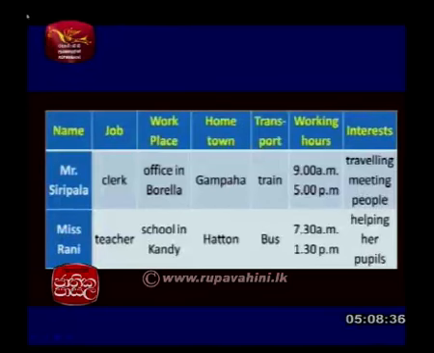Workplace: works in a school in Kandy. Hometown: Hatton. Transport: she comes to school by bus. Working hours: 7:30 to 1:30. Interests: she enjoys helping her pupils. Right. So, teacher, school in Kandy, Hatton, bus, 7:30 to 1:30, helping her pupils.